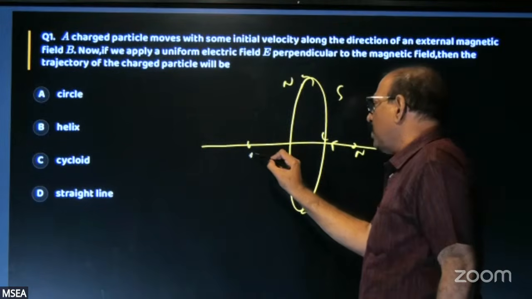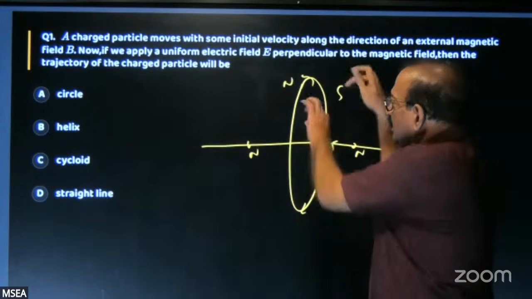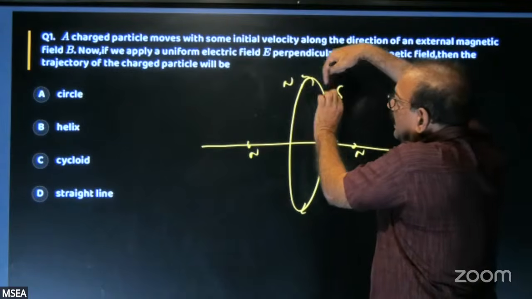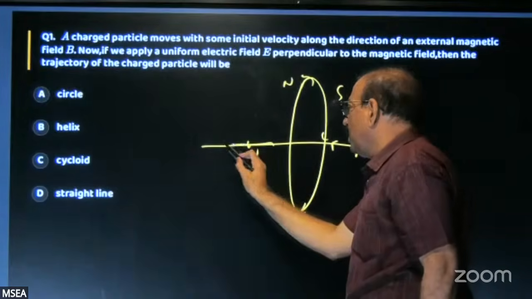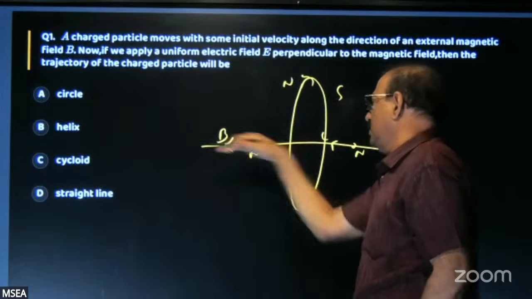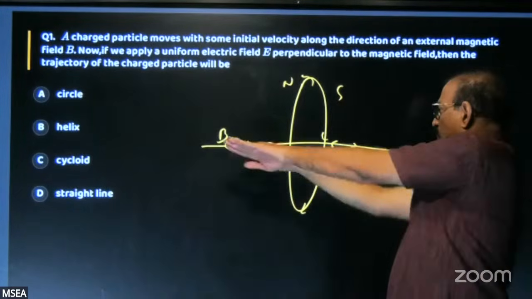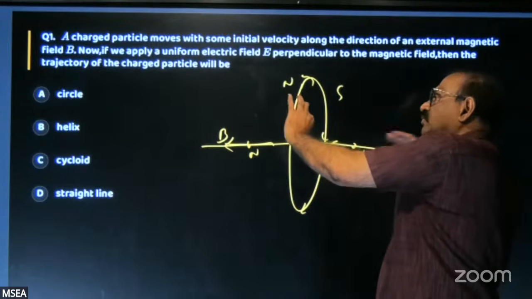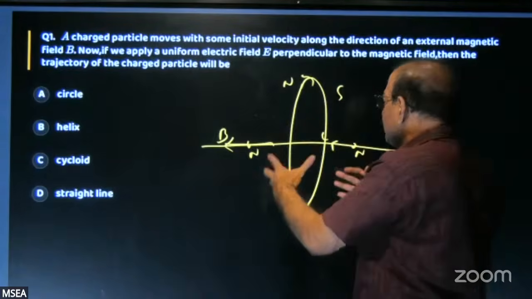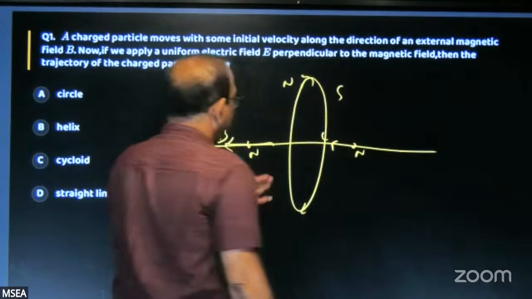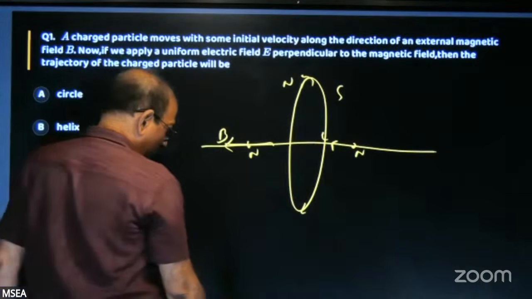If I keep a unit north pole here, it is repelled, as this back side of the coil is acting like north, rear side. It will repel this. So here also B will act this side only. So inward, along the axis, the field will act. Like this, these directions are also important. Very important.